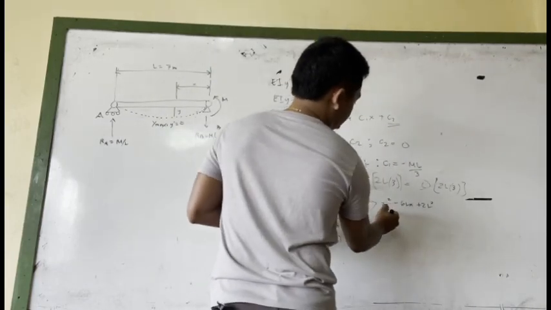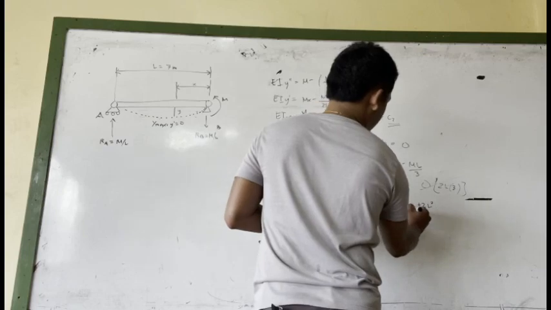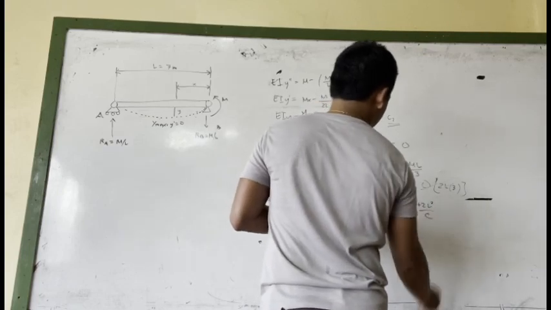So this term is our a for the quadratic equation. This will be b and c.